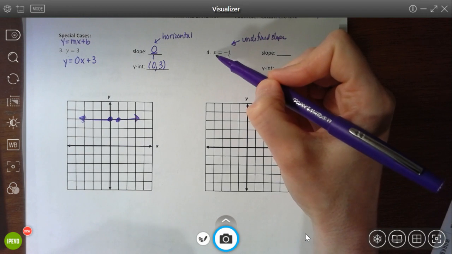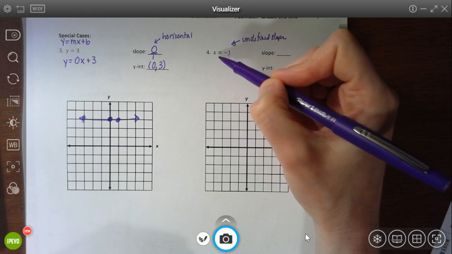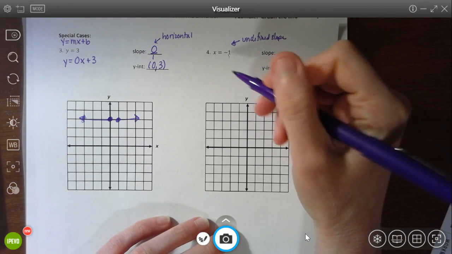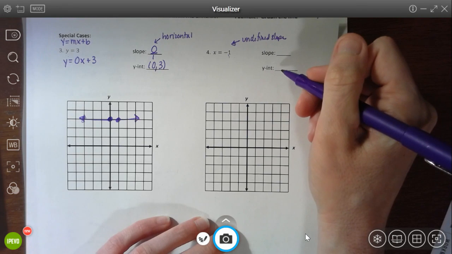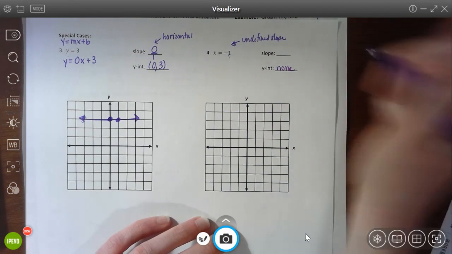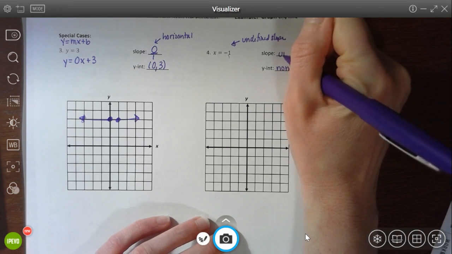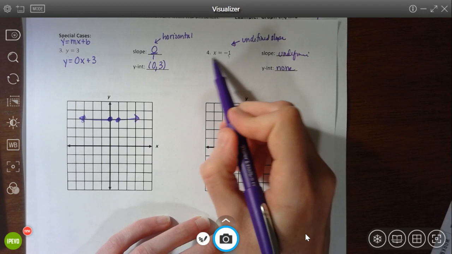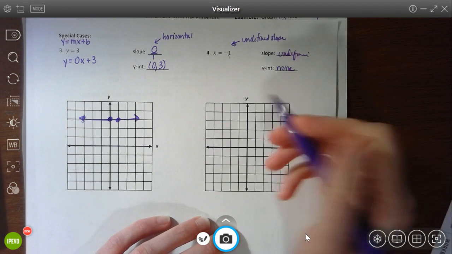And it's telling you that you're creating a line where every single x value is -1. So in this case, if x is -1, then I don't get a y-intercept. And I don't get a slope. My slope in this problem would be undefined. But what I do know is that I'm creating a line where every single x value would be -1.